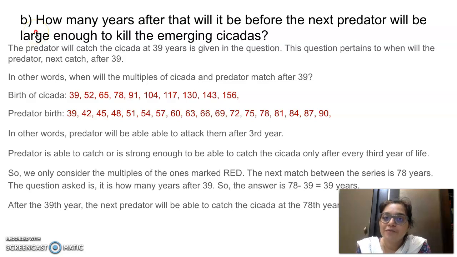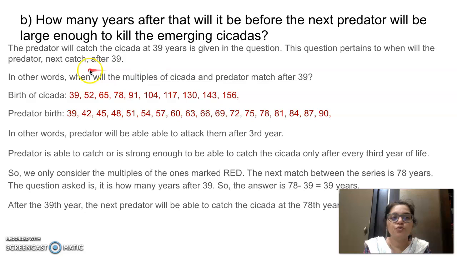How many years after that will it be before the next predator will be large enough to kill the emerging cicadas? So the next attack is going to happen after how many years? First it's happening at 39 years, which is given in the question, which is the first LCM. Now when is the next attack going to happen? If the first is at 39 years, then when is the next attack going to happen?